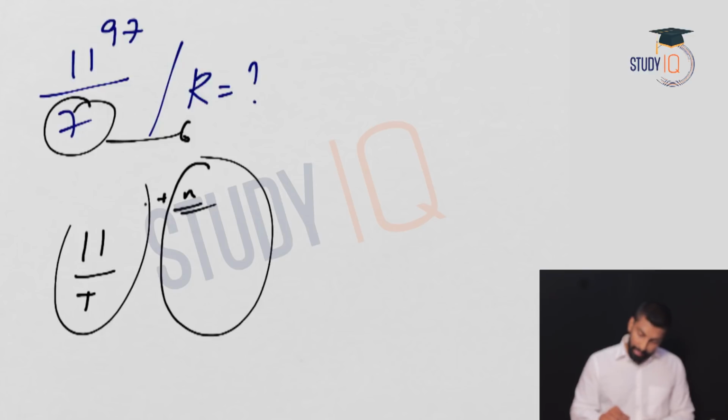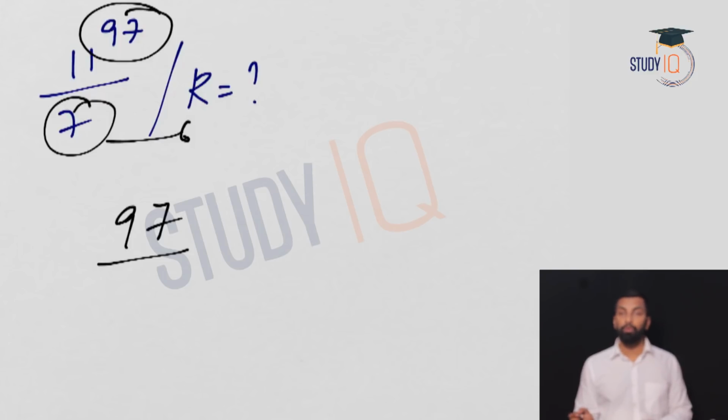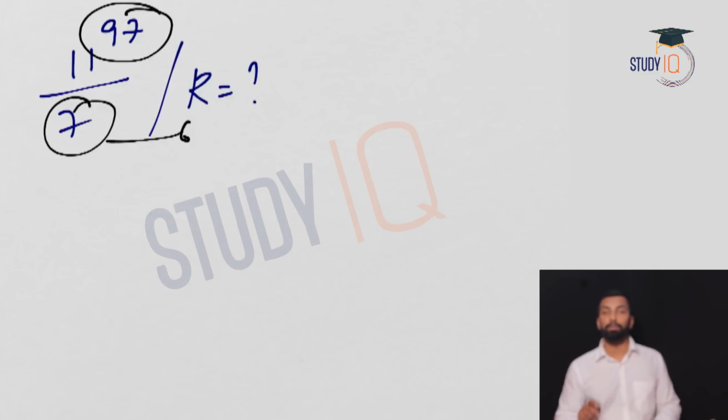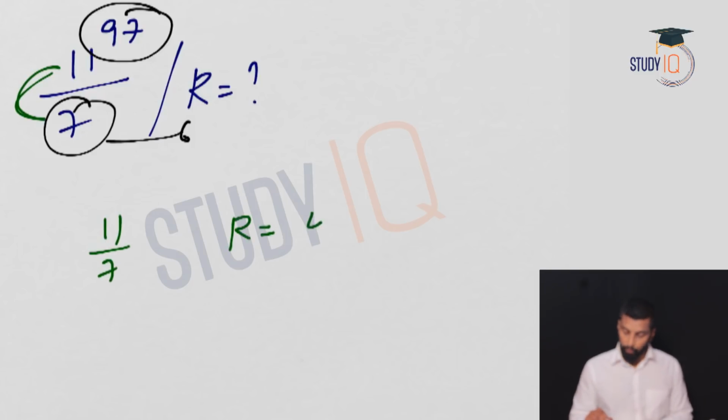Okay, so how will you do that? Take the power, 97, and divide it by the Euler's number of 7, that is 6. You will get remainder 1, and we are going to use this 1 to solve the question. So you can do this question in 2 steps. Step 1, take these 2 numbers, 11 by 7, and write the remainder. What is that? 4.